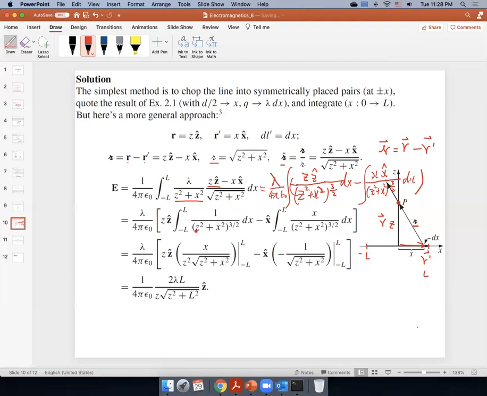You will know this integral result in this equation, and the other integral result in this equation. So finally, you plug in the upper limit and lower limit, which are L and negative L, and you will get the final answer for this electric field.